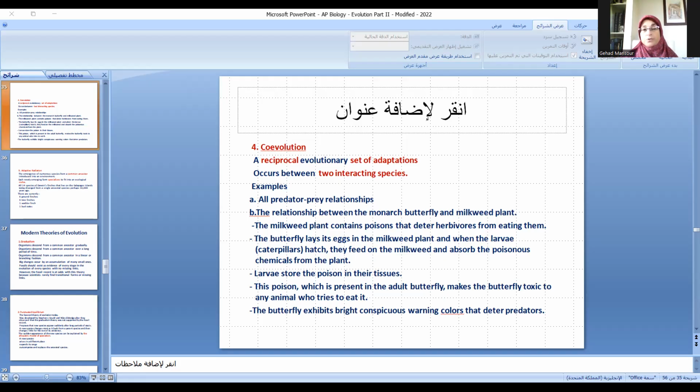So for this theory of gradualism, almost all of the postulates are correct, because evolution is a gradual process. Evolution occurs over a long period of time. Evolution usually occurs in a branching fashion, and the big changes that occur in evolution, as we said before, are due to accumulation of small changes.